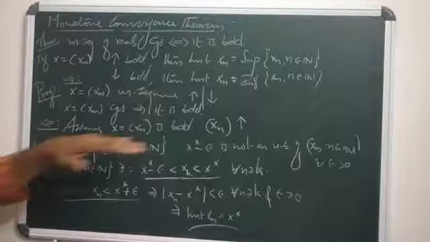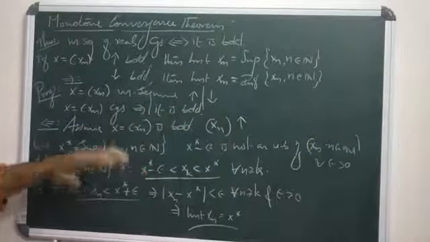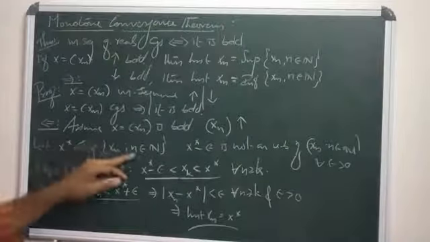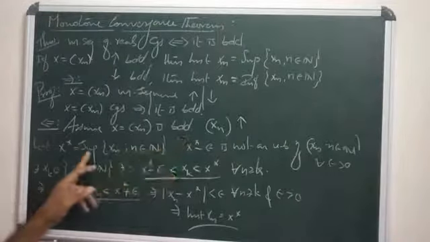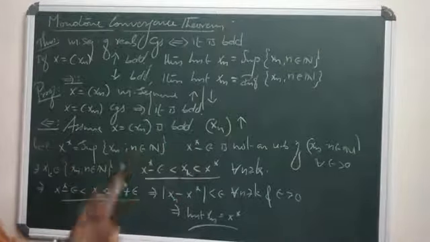When xn is an increasing sequence, it is bounded above, therefore its supremum exists. Let it be x star. Since x star is the supremum of the sequence, for all epsilon positive, x star minus epsilon is not an upper bound.